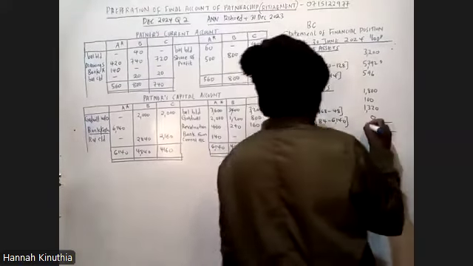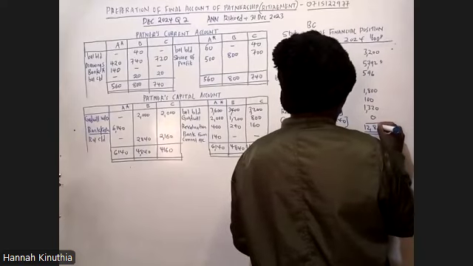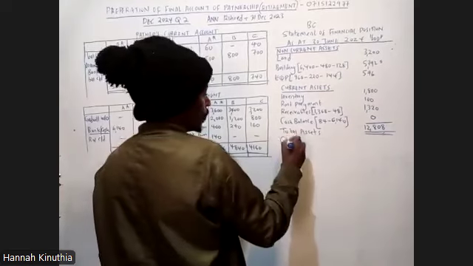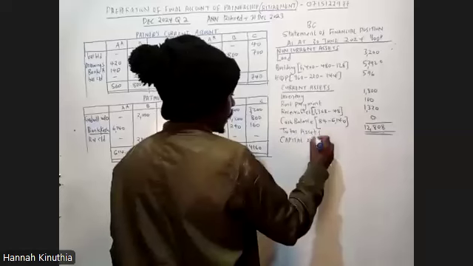So mimi napata 12,808. Are you getting that figure? Then I can go to capital and liabilities.